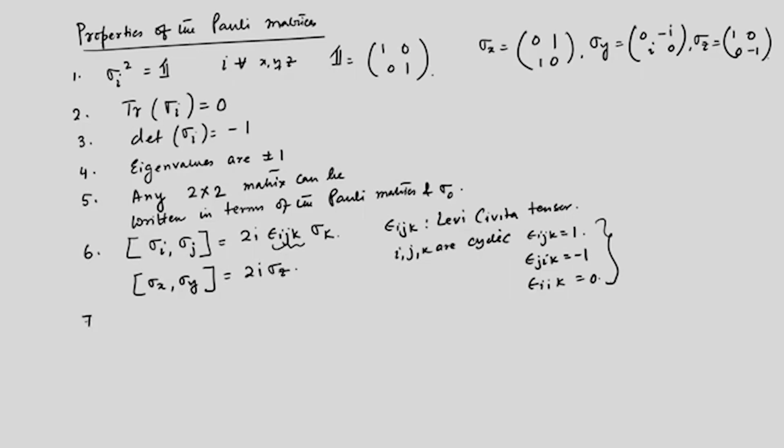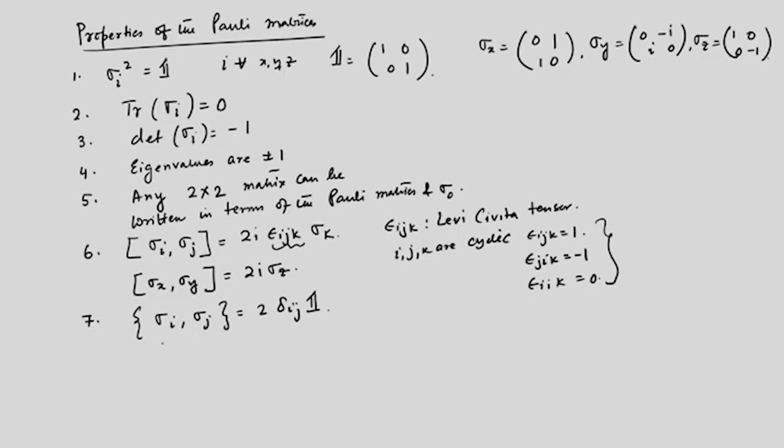Another one is the anti-commutation relation, which is the anti-commutator of sigma i and sigma j, equal to 2 delta ij times 1. This is very clear: anti-commutation means that they sort of add up.